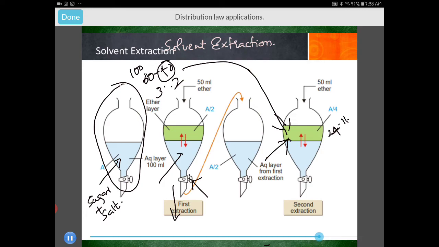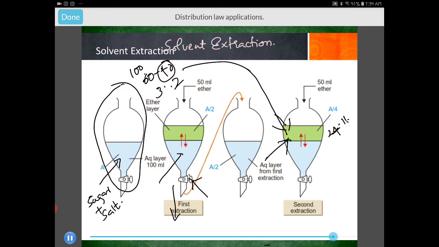Next, if you do it once more, the 3:2 ratio will be followed, and more and more of the sugar will be getting into the organic layer. You repeat the procedure, and finally you will get an aqueous solution which has a very, very minimum amount of sugar. Most of the sugar will have got into the organic layer.